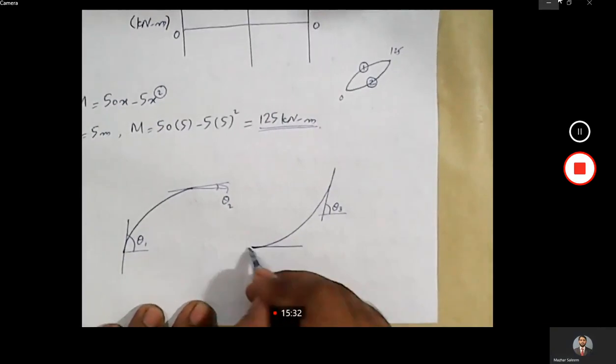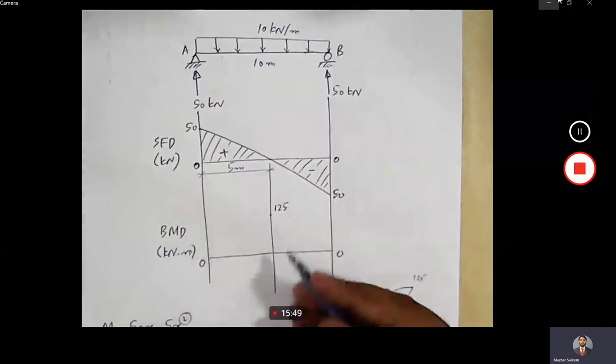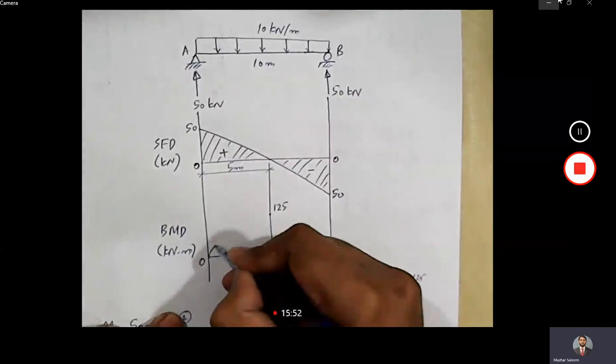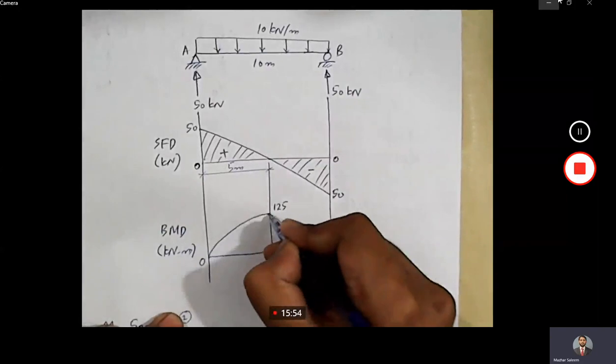Here, magnitude of shear force is decreasing. So we will draw a curve with decreasing slope, and it will be somewhat like this.